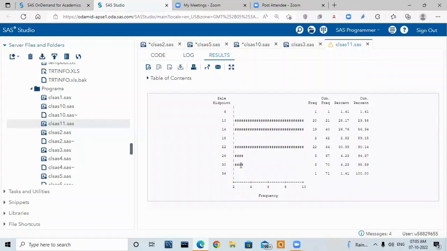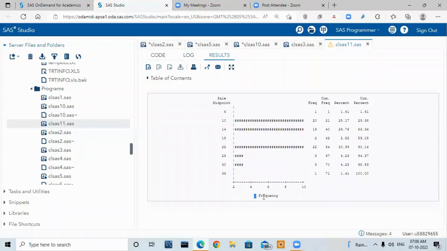Understood? So here one more thing: the x-axis consists of sale and the y-axis consists of frequency. If you remember, in the previous program that I just ran, the x-axis consisted of sale and the y-axis consisted of frequency. But here it is reversed.